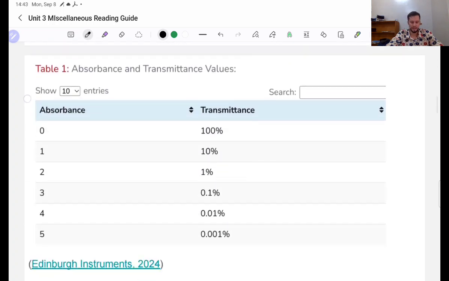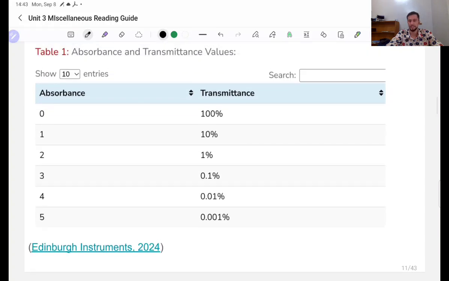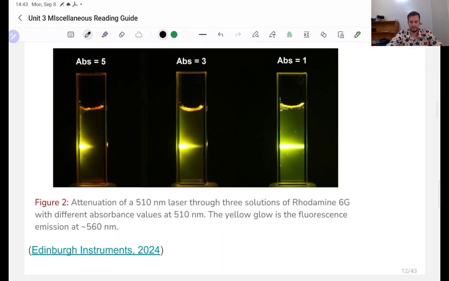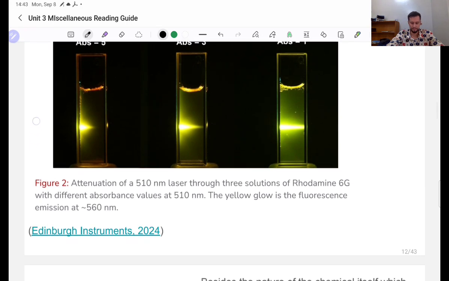And so you can see, as absorbance goes up, transmittance goes down, and vice versa. So here's some visual examples of that. As the absorbance is higher, that means less of the light is getting through. What does that tell us? That tells us that the solution is more concentrated, and so less light is getting through.